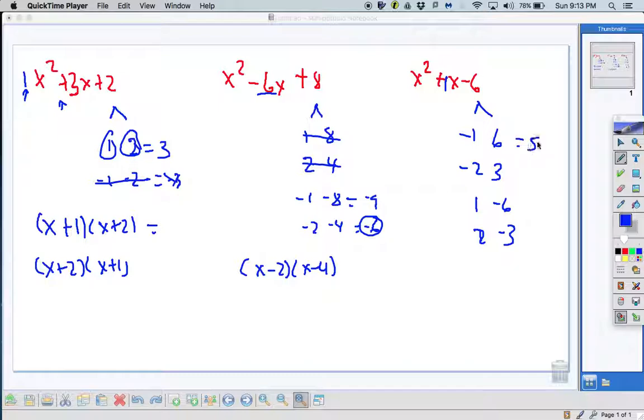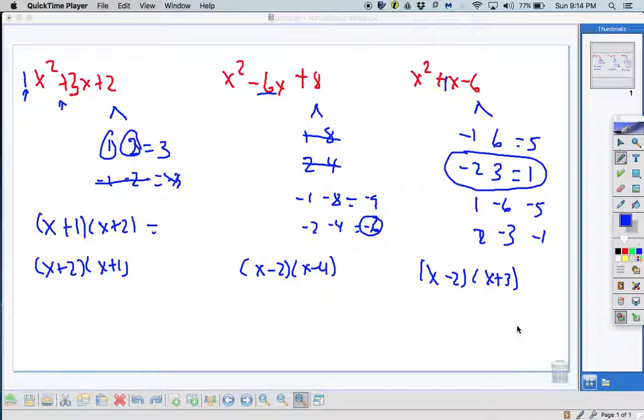Well, negative 1 and 6 is 5. 3 and negative 2 is 1. 6 and negative 1 is 5. And this is negative 1. We wanted positive 1, so this is going to be our answer. So we're looking at negative 2 and 3. So we get x minus 2 and x plus 3.